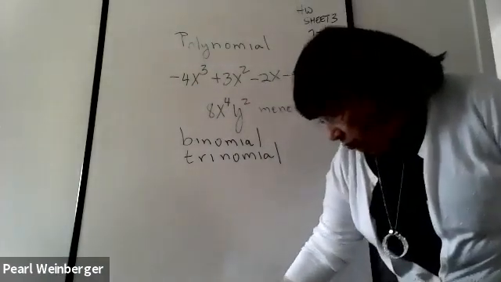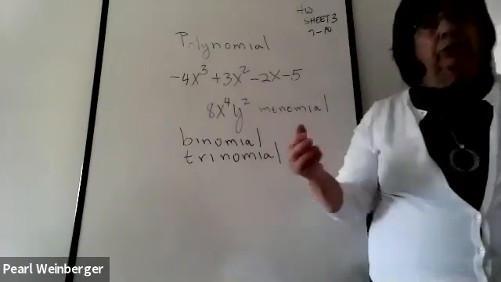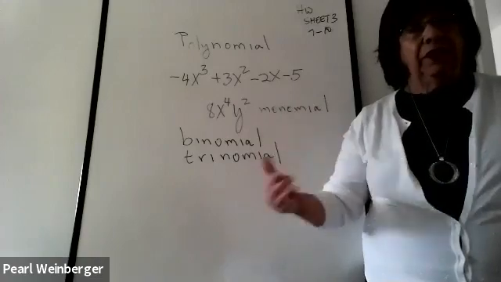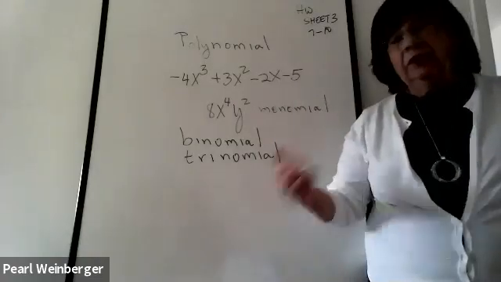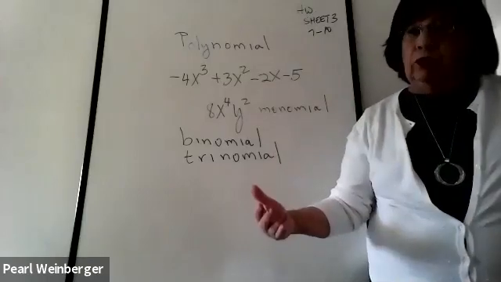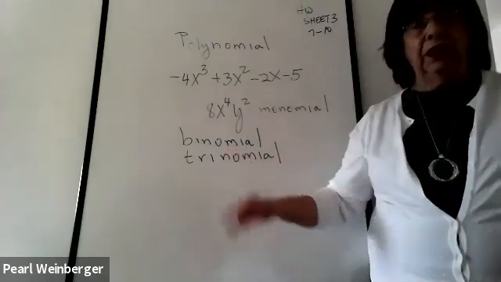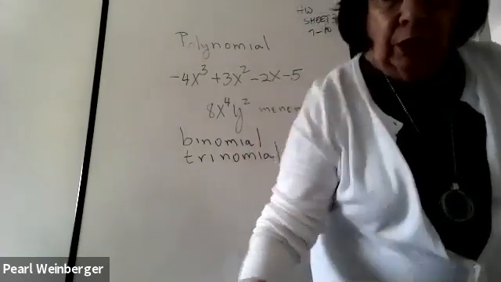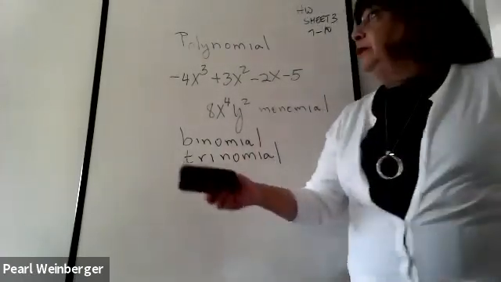Now, in this chapter, we're going to learn how to work with these polynomials. And a lot of this, some of the beginning is going to be basic that you know already, so I'm going to do it pretty quickly. And then we're going to go into things that are a little bit more complex.